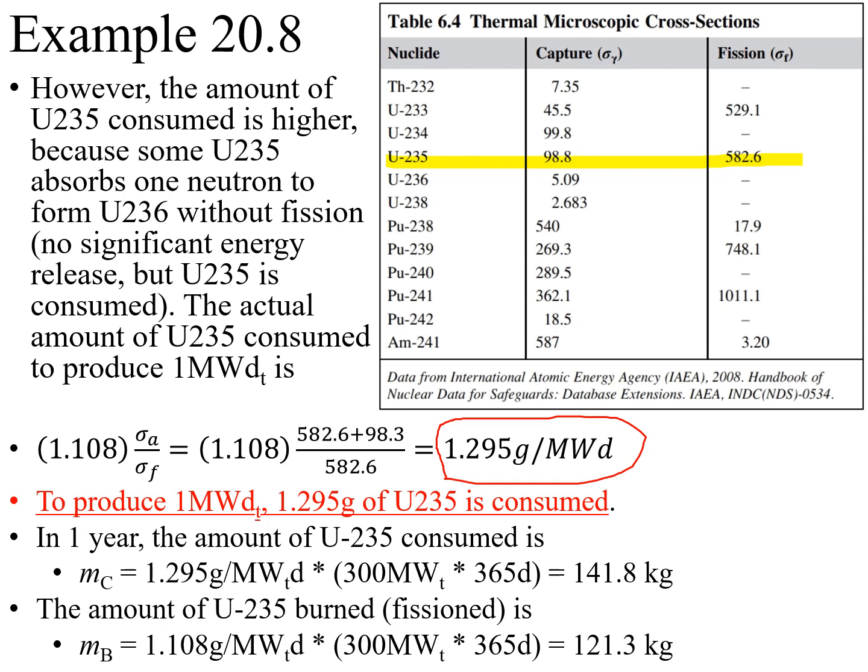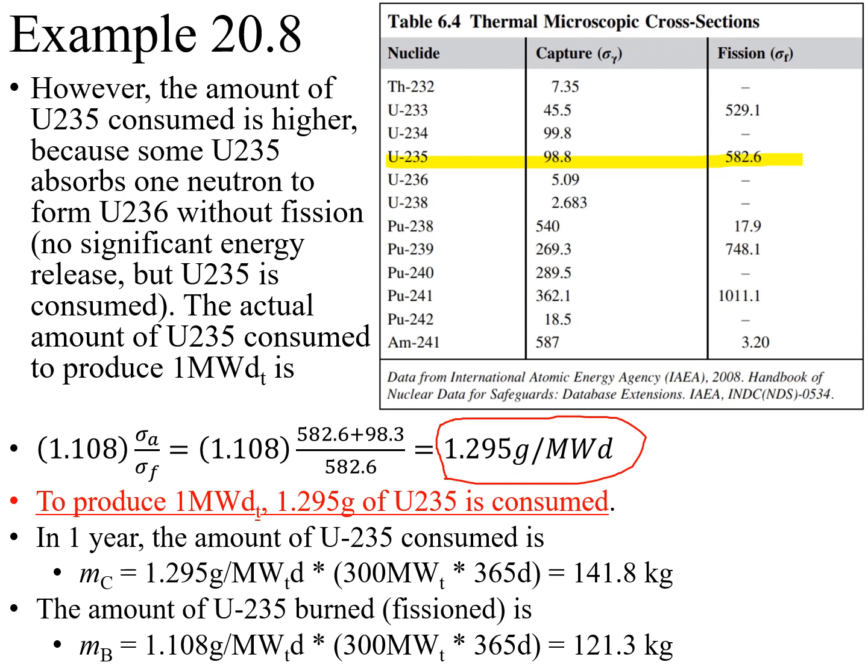Therefore, in 1 year, the amount of 235 that is consumed can be calculated using this formula. M consumed is equal to 1.295 times the total number of megawatt a day. So you have 300 megawatt thermal times 365 days, and you get 142 kilogram of the fuel that is consumed.